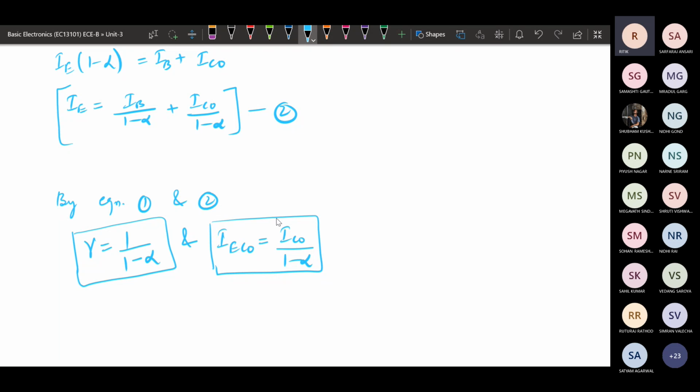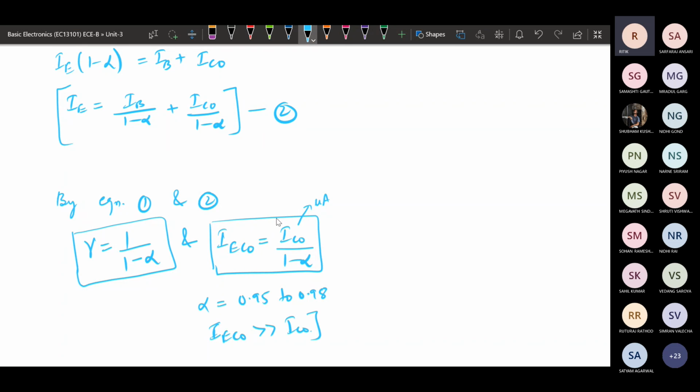ICO was basically a leakage current in microamperes, but it is divided by 1 minus alpha, and here we know alpha is generally in the range 0.95 to 0.98. So in that case, IECO will be very much greater than ICO.